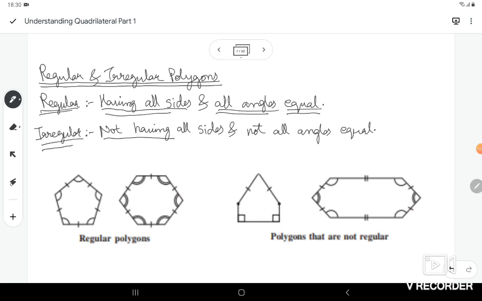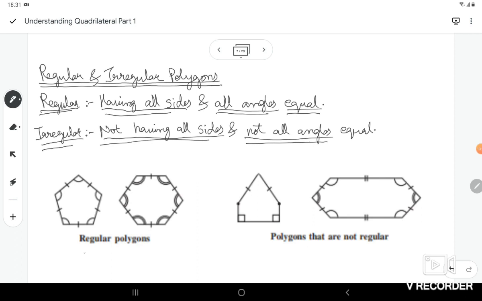That is not having all sides and not having all angles as equal, which means there can be one pair of sides equal and other not equal, or opposite sides as equal but not all angles. That is, opposite angles can be equal but other pair of opposite angles or adjacent angles may not be equal. In that case, it's an irregular polygon.